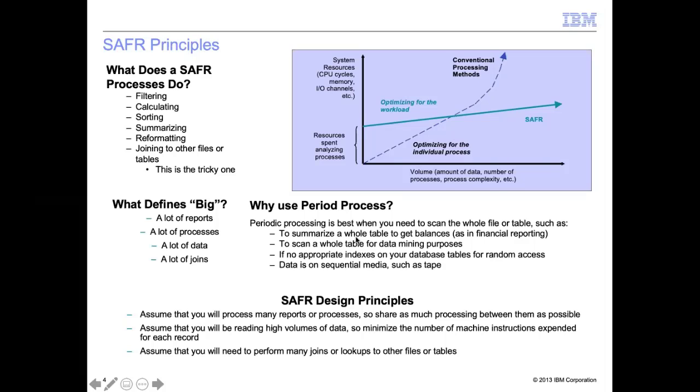Millions of transactions would come in and be batched up and executed, and by 5 or 6 o'clock in the morning, the system would be ready for the user to look at all their reporting and do their analytical processes on the data that came in from the previous day.